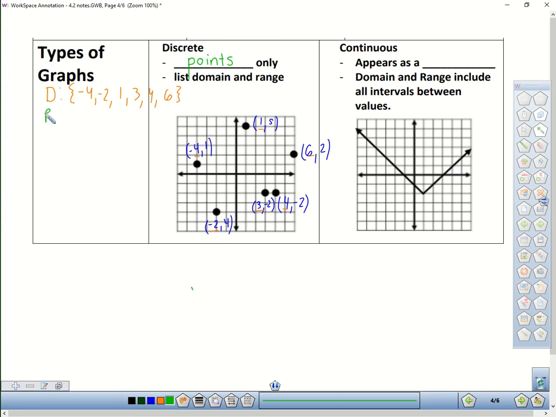And your range are all of your y values, which are -4, -2, 1, 2, and 5.